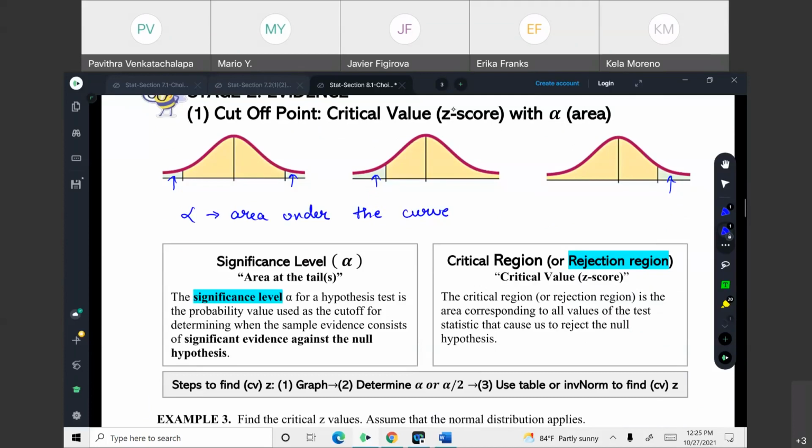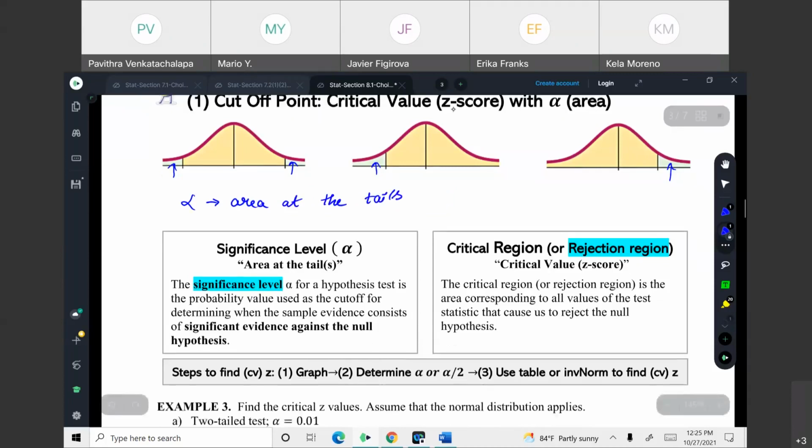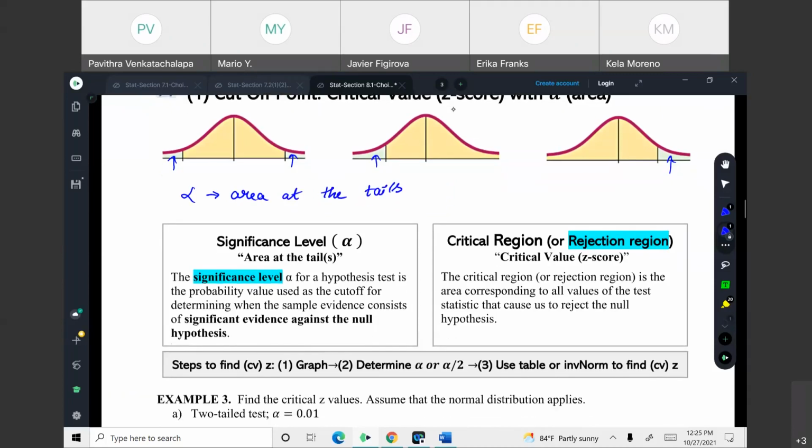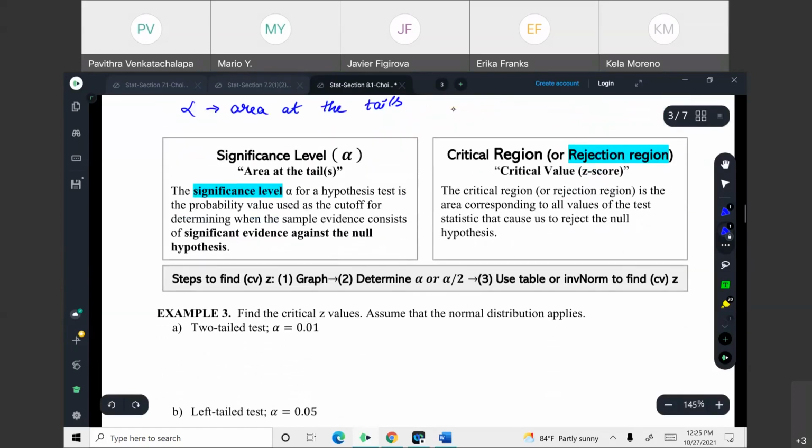Here, it will be the area under the tails. This alpha significance level will act as a cutoff. That means you will have some values greater than or less than that, and you will make a decision based on that, whether to reject or accept the null hypothesis. We will see some examples on that.